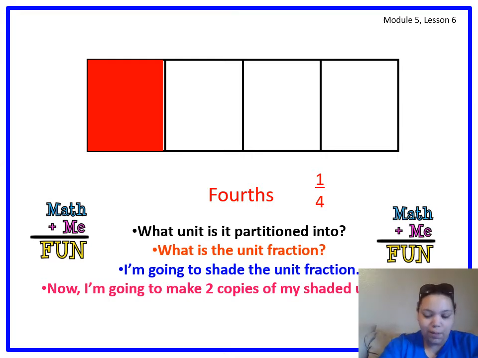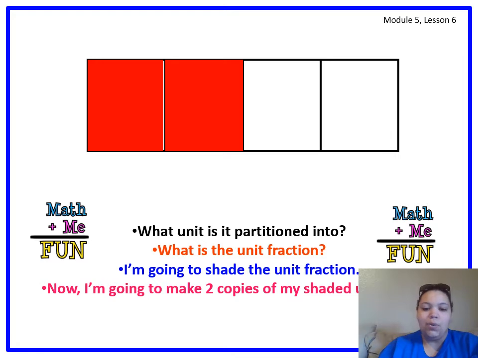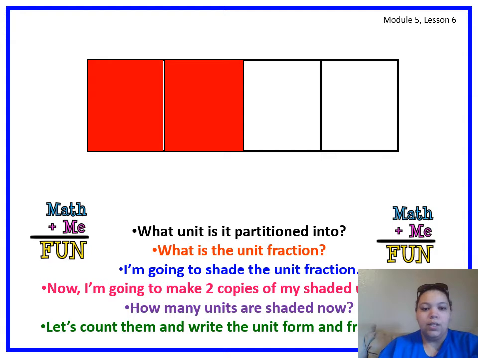So I already have 1 copy done, so I'm going to make a second copy. Okay, so now I'm going to still be counting by fourths to find out what is the name of the fraction that is shaded. So 1/4, 2/4. Okay, and the way that we write that as a fraction is 2 out of 4, 2/4.